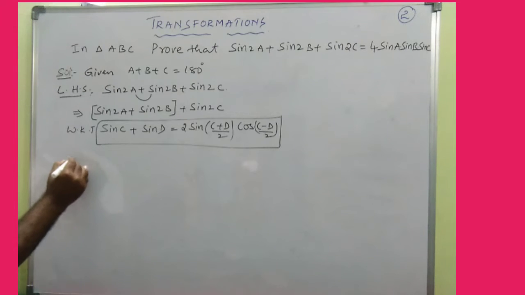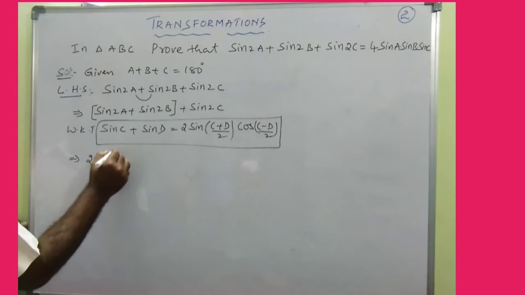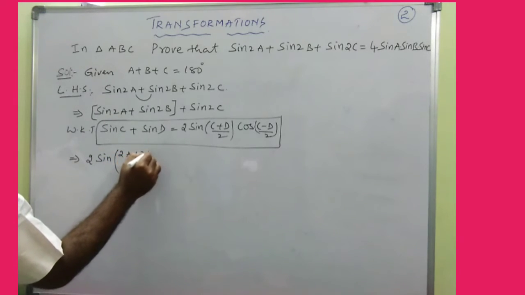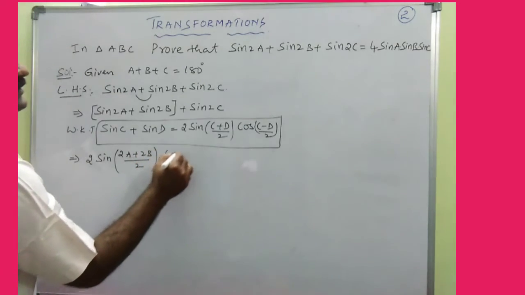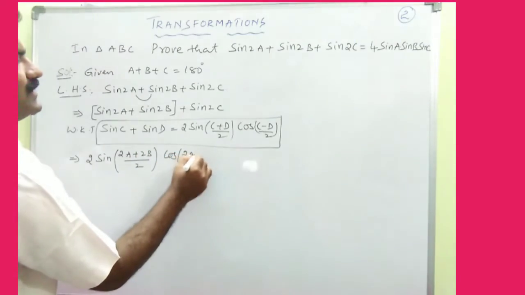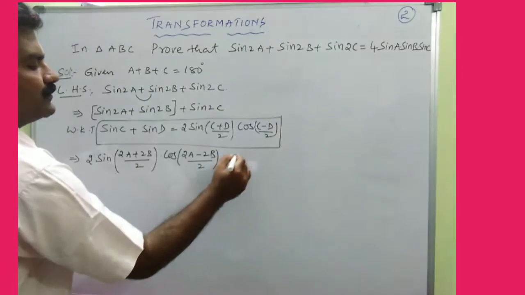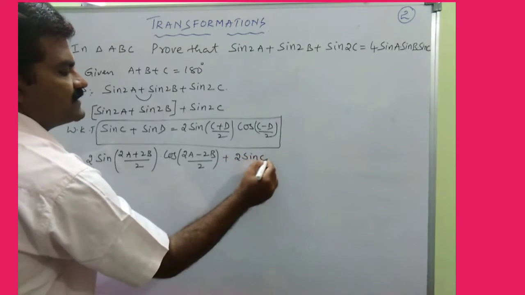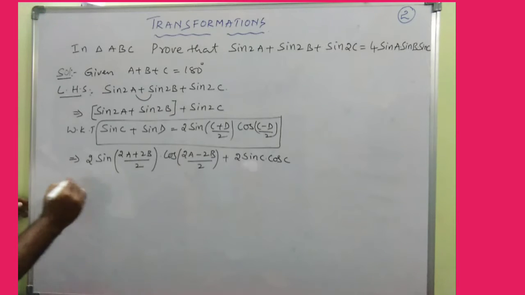According to that, I can write it as 2 into sin of (2A plus 2B) by 2 into cos of (2A minus 2B) by 2, plus sin 2C, whose formula is 2 sin C into cos C.